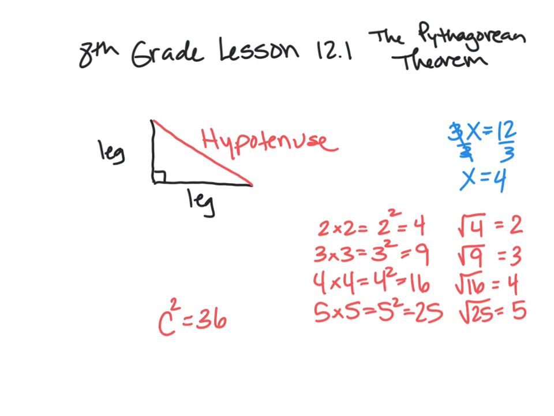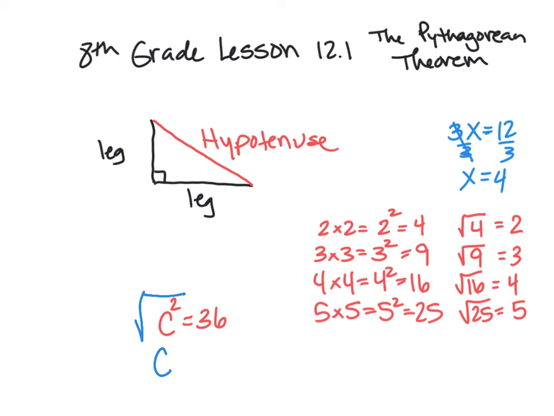I only want one c. The inverse operation to square, the opposite operation to a square, is a square root. So if I want to isolate my variable on this square, I need to use the inverse operation of square root of c to the second power, and that will give me c by himself.